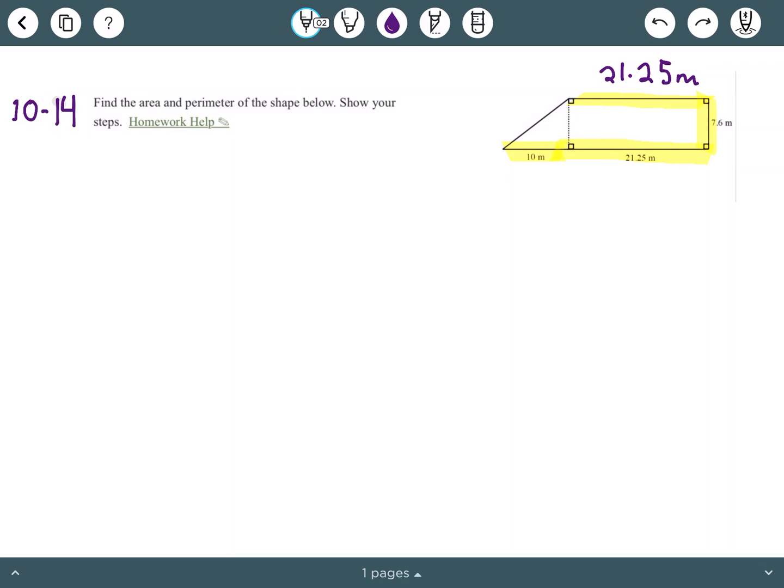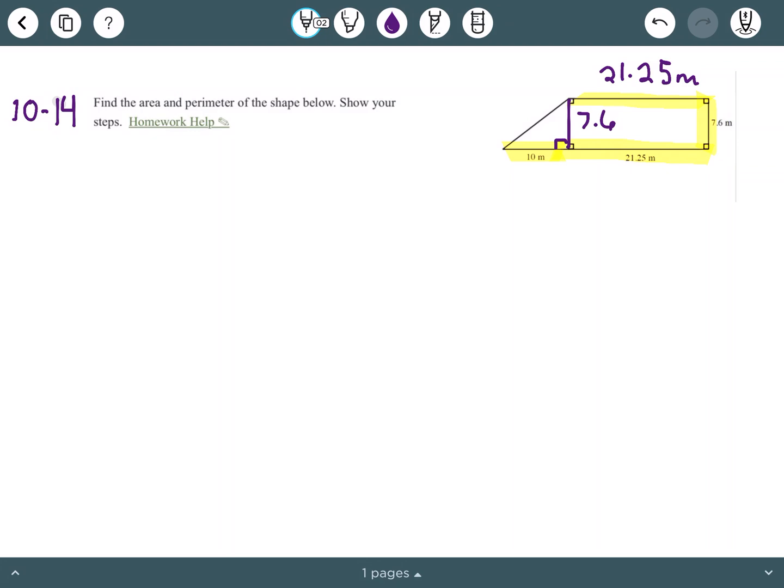So I'm going to go ahead and trace over this line here. This line is the same as the other on the opposite end of the rectangle, and it is 7.6 meters. Hey, check it out. It's a right triangle, and we've been given the 2 legs here. So what we can do is just go ahead and plug into that Pythagorean theorem formula.